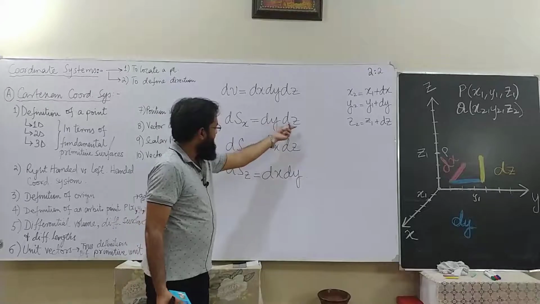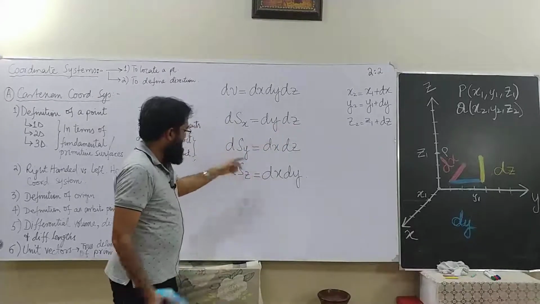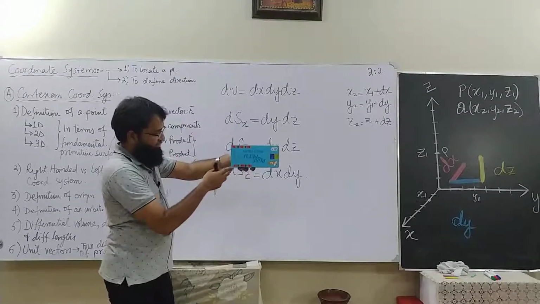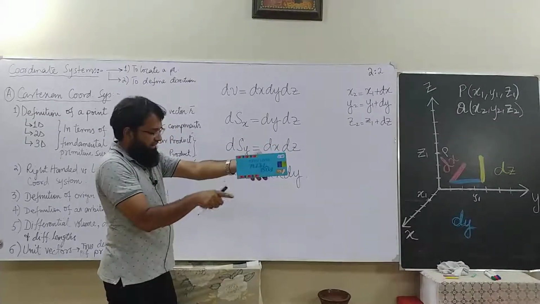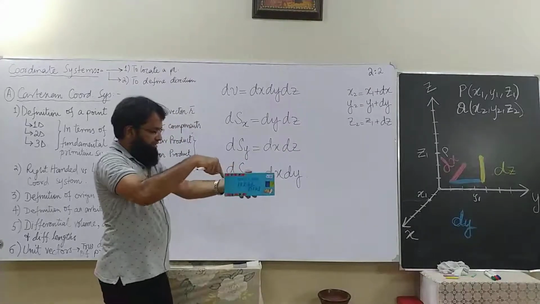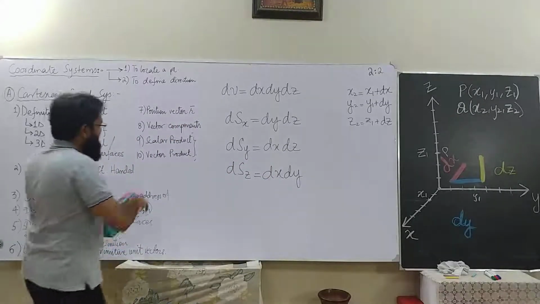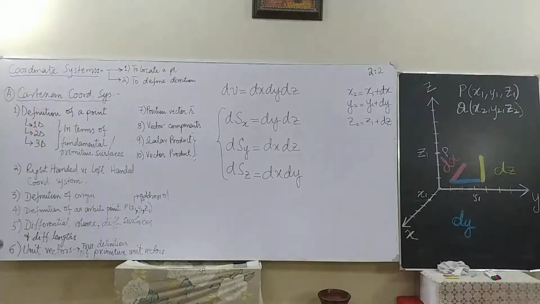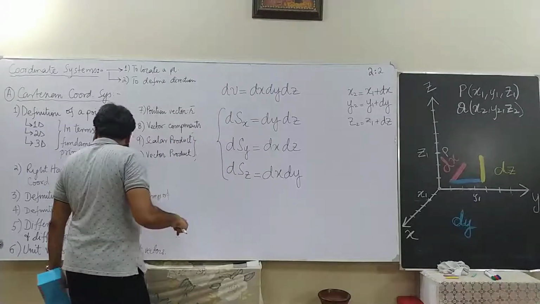Okay, so the variation is in the direction of x, direction of y and direction of z. For constant x, changes are in the direction of y and z. For constant y, the changes are in the direction of x and z. For constant z, the changes are in the direction of x and y. So these are the formulas, but incomplete formulas for differential surfaces. Why incomplete? We'll discuss momentarily.